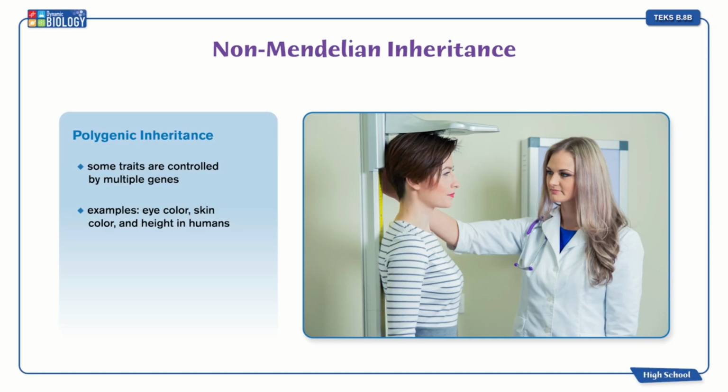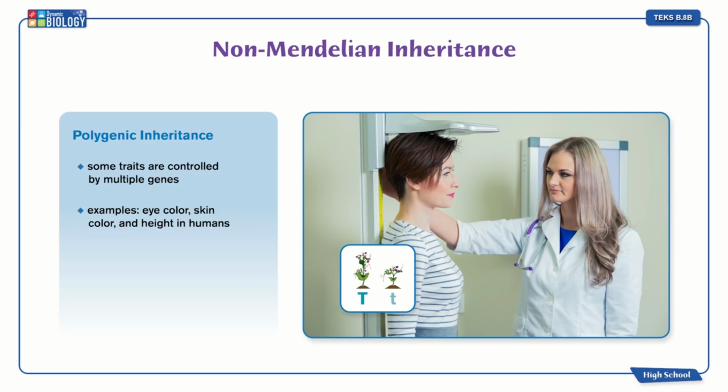Let's examine height more closely. Earlier, we studied stem height in pea plants, a Mendelian trait. There are only 2 possible phenotypes for stem height in pea plants: tall or short.